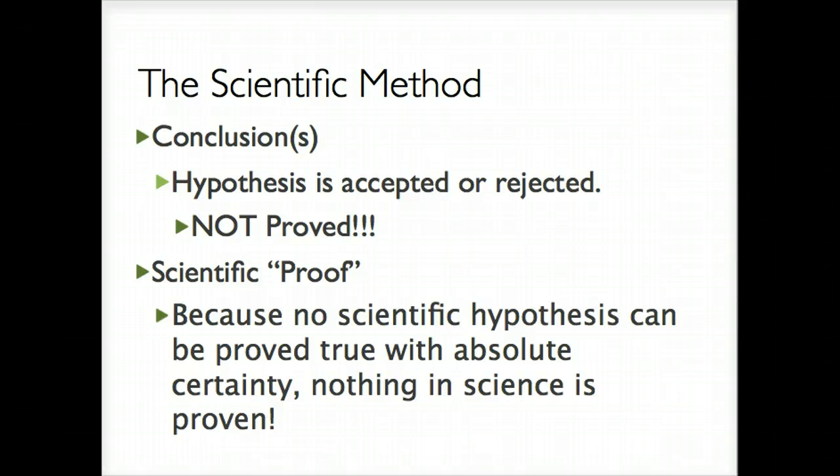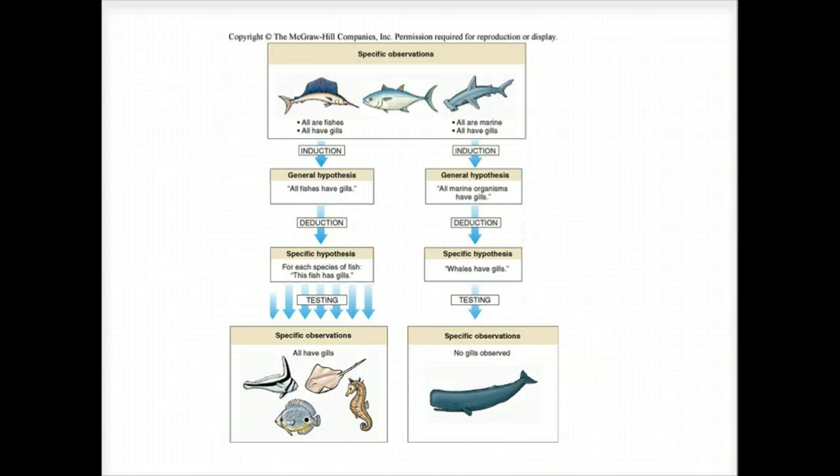So we take our data, we analyze our data, and then we draw a conclusion as to whether or not we can accept or reject our hypothesis. Many times this will result in us having to do additional experiments because we find something else, especially if our hypothesis is rejected. We might need to make a new hypothesis.